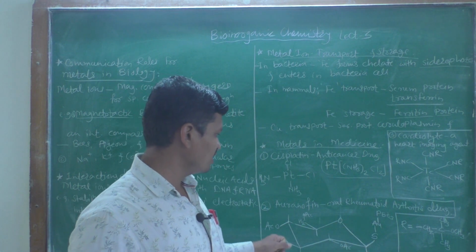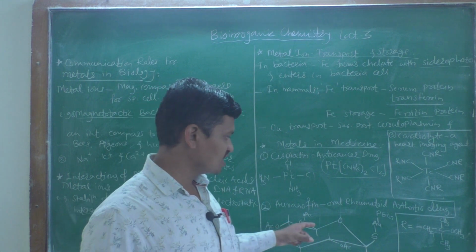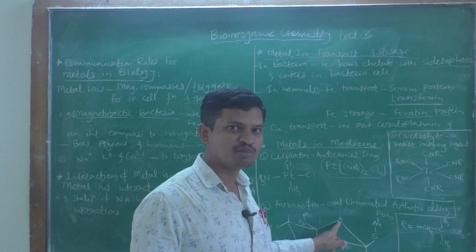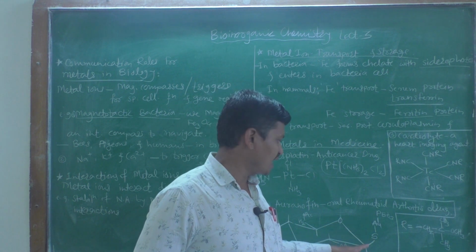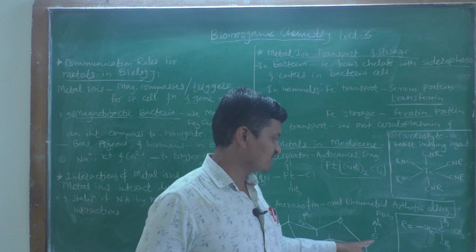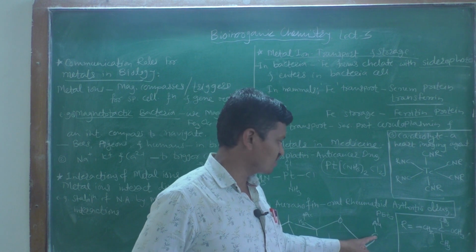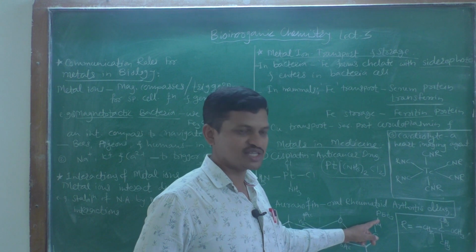Then the structure of this is a glucose derivative. A 6-membered ring with oxygen is nothing but a glucose derivative, and at the first carbon atom of this glucose ring it is having a sulfur atom, and to this sulfur, aurum, that is gold metal, is present.